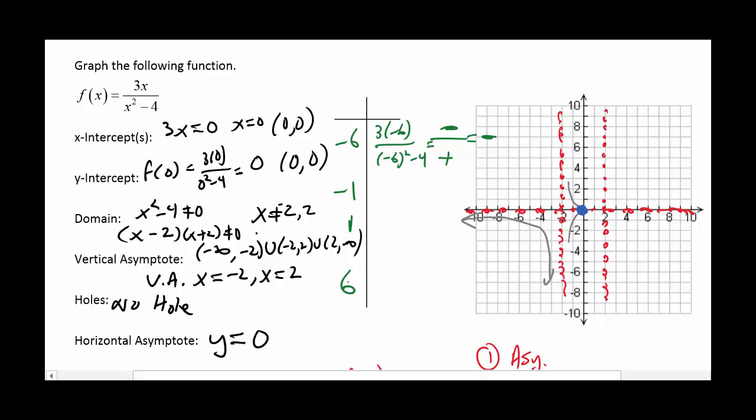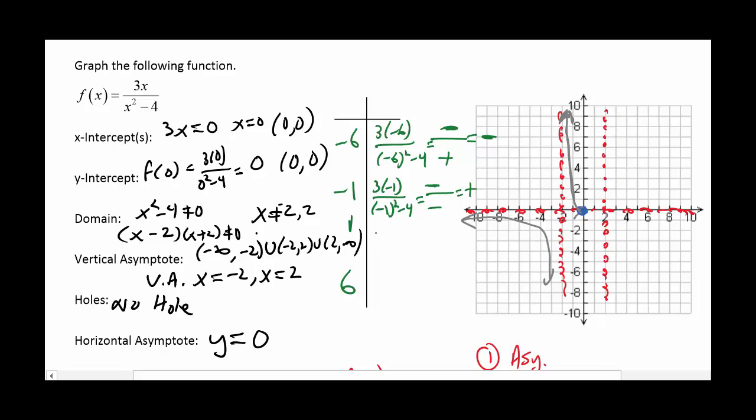So 3 times negative 1 over negative 1 squared minus 4. I just want positives and negatives out of this. Up top, the numerator is negative, and the denominator is negative, so I end up with a positive result. That says the graph is positive on this part.